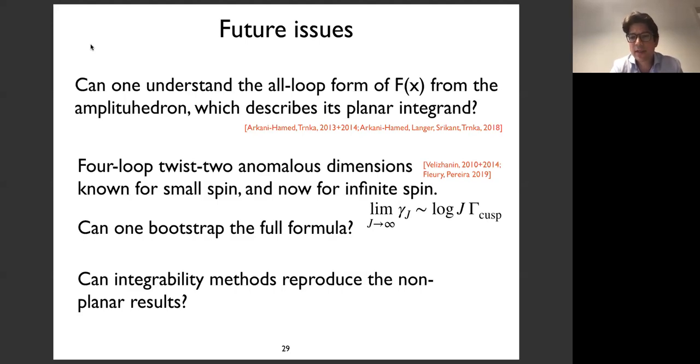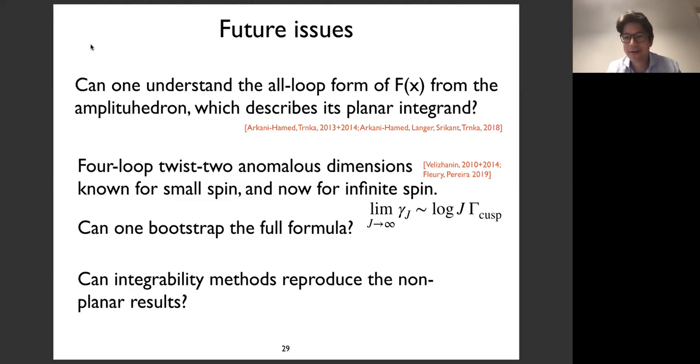So here there's really a challenge to take that integrand and figure out what f is in principle at all loop orders, and that object, whatever it is, knows about the cusp anomalous dimension, and it knows about the Beisert-Eden-Staudacher equation that I alluded to at the very beginning of the talk. I think that's just a fascinating question, to see if somehow we can really find the Beisert-Eden-Staudacher equation in this integrand.